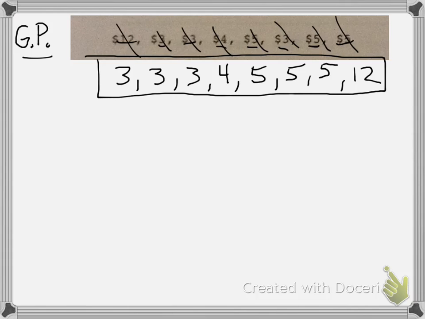The range is pretty simple. What you need to do is find the greatest number in the set and the smallest number, and the difference between that is the range. It's very simple to figure out. So the biggest number is 12, and the smallest number is 3.